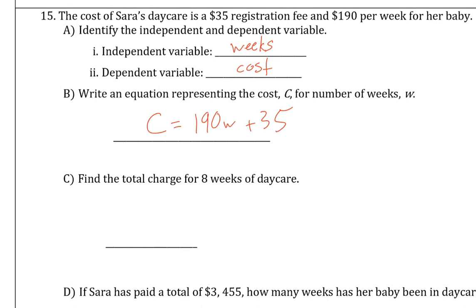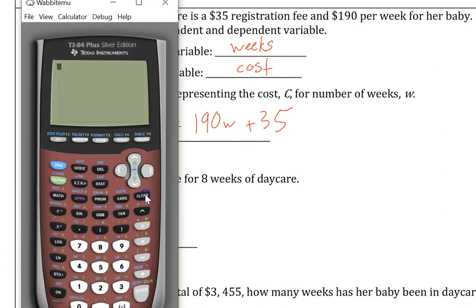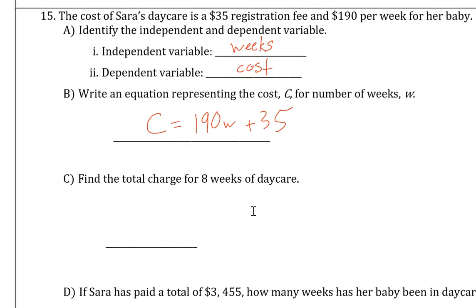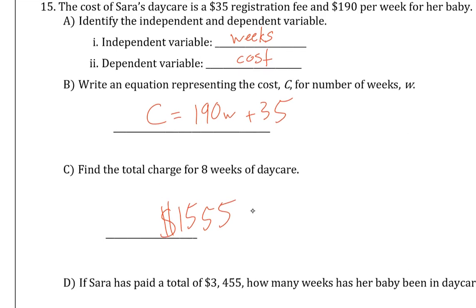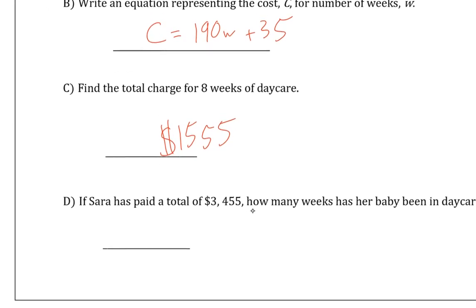So we would just plug in 8. Let's do 190 times 8 plus 35. So we got 1,555. That would be the cost for those 8 weeks.